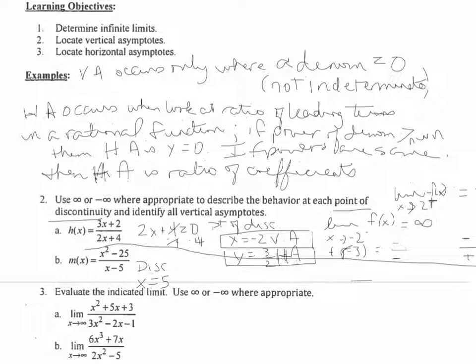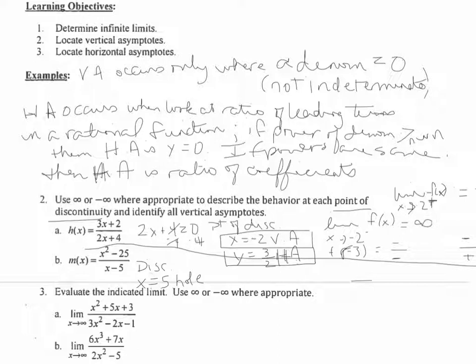What that tells me is it's a hole. It's not a vertical asymptote. And if I factor, I can actually come up with a value if I wanted to find the limit. So I just have a point of discontinuity here, and because it's a hole, there's not a vertical asymptote.